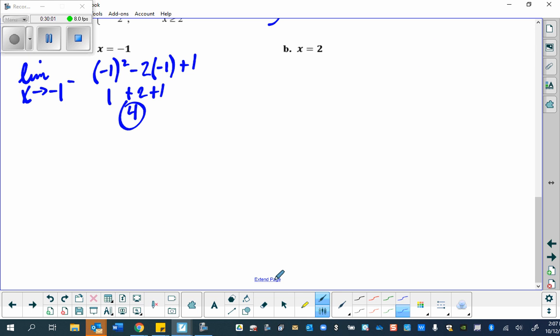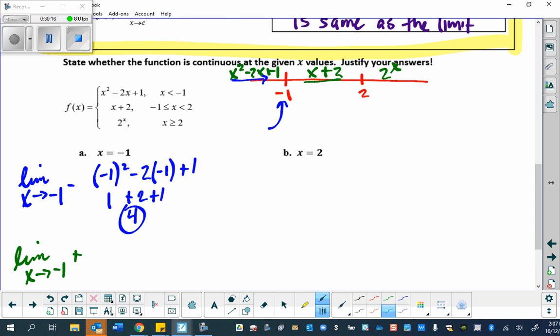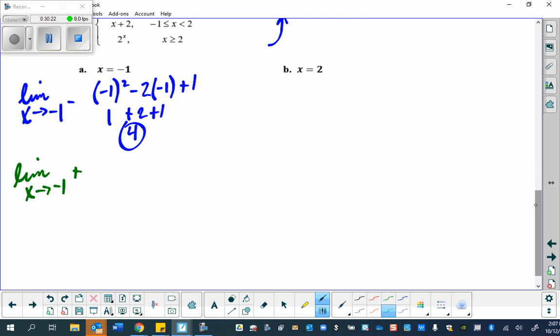Now I need to know the limit as x approaches -1, but from the positive side. Because I'm coming at -1 from the positive side, I need to use this function. So I'm going to say -1 plus 2 is equal to 1.